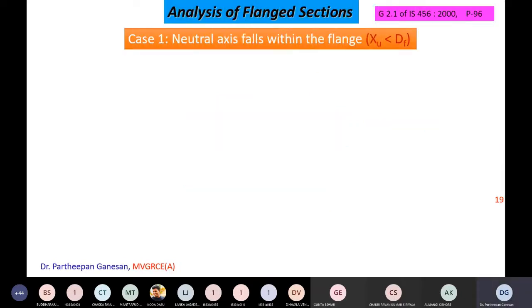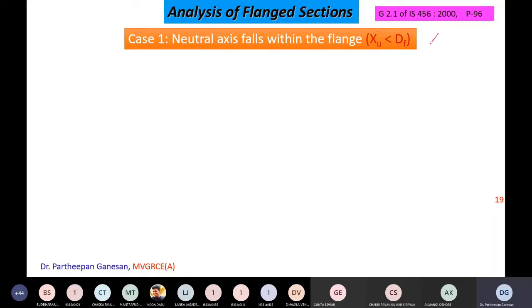So, analysis of flange. There are 5 cases in which you can analyze the flange section. The first one is when the neutral axis falls within the flange. You know the neutral axis depth is XU.